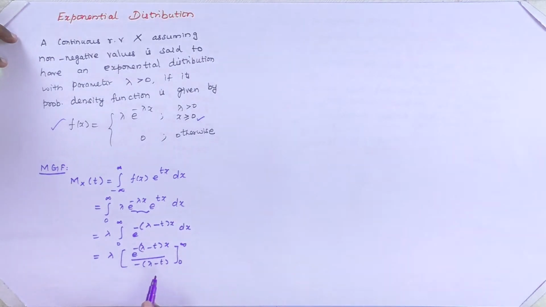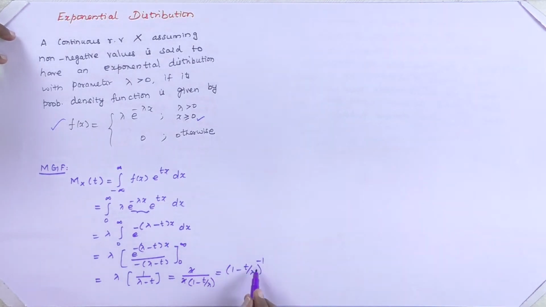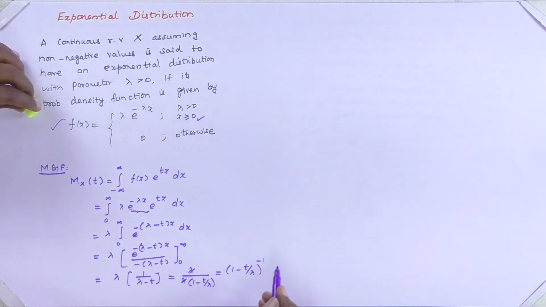Minus of the lower limit value is minus into minus, plus 1 divided by lambda minus t. That term can be written as 1 minus t by lambda, where numerator and denominator lambda get cancelled. So 1 minus t by lambda, the whole to the power of minus 1, is our moment generating function.